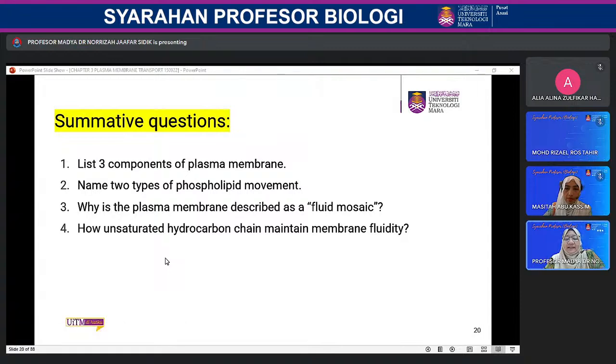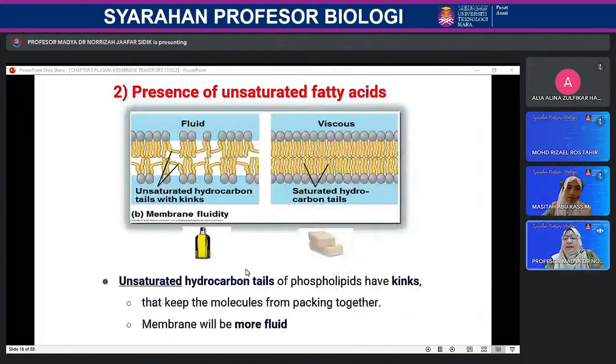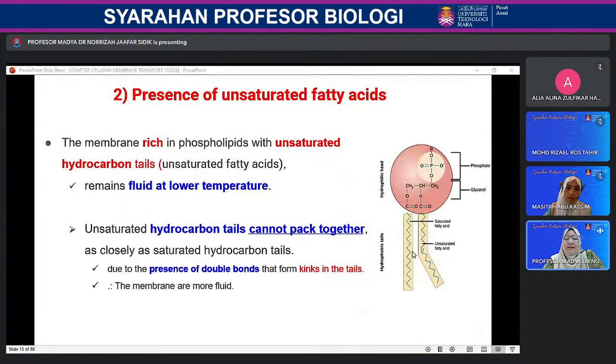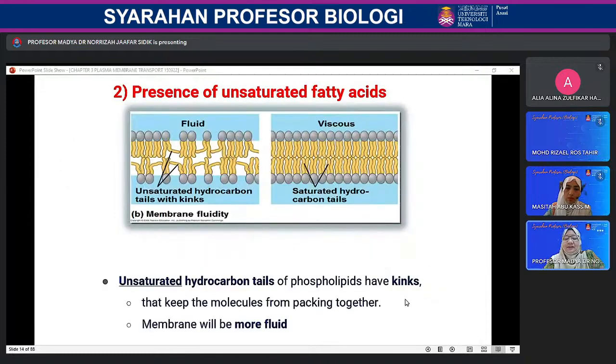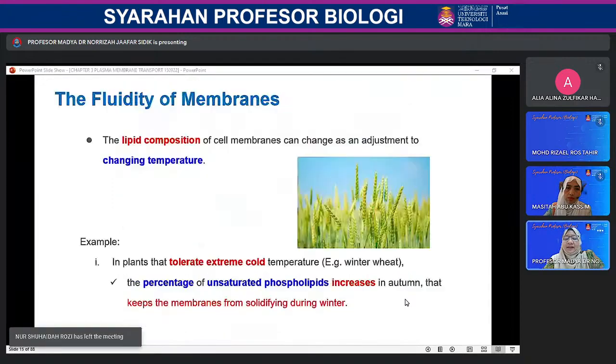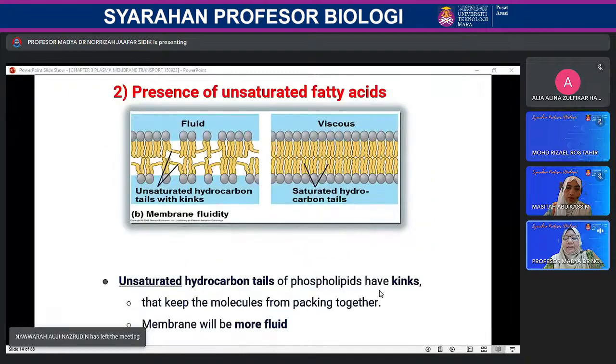Remember that I showed just now, the presence of the double bonds that form the kinks here. So the percentage of the unsaturated will be increased. The unsaturated hydrocarbon tail will make it more fluid, right? The membrane will be fluid.